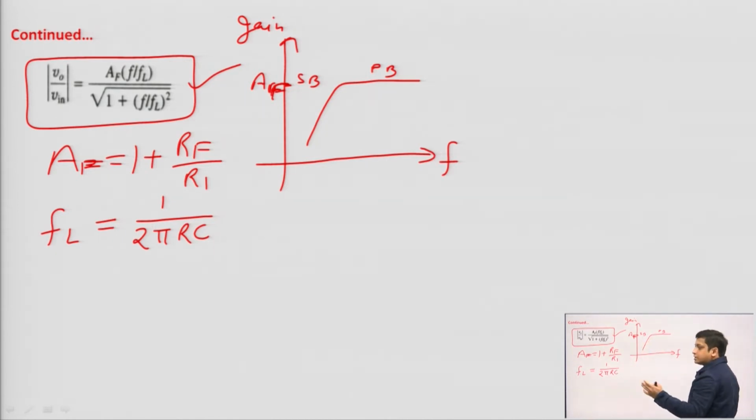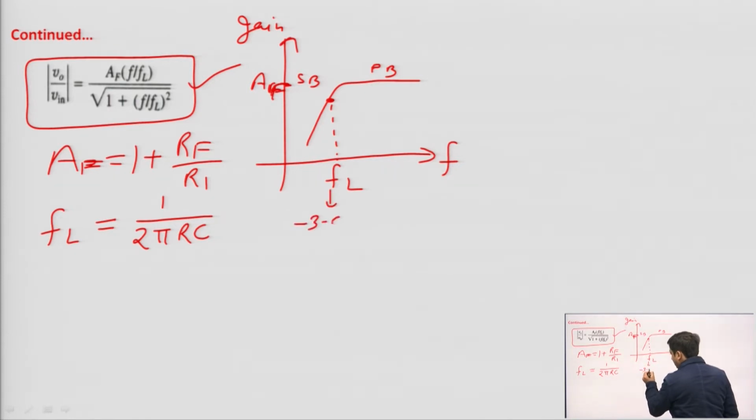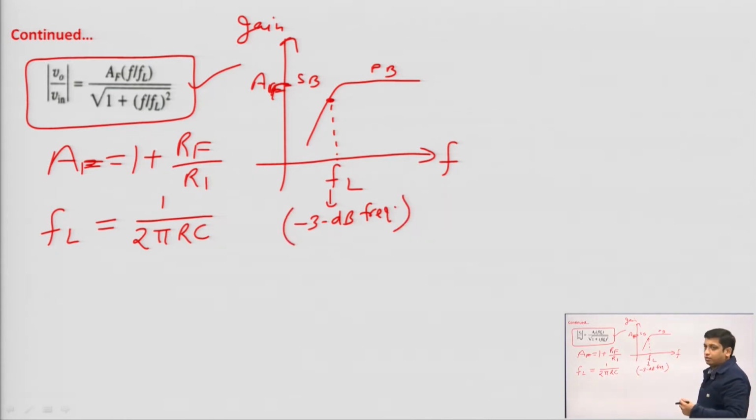So, it means that the signal is being attenuated, and the cutoff frequency is this FL. This FL is the cutoff frequency, that is also called minus 3 dB frequency. It is also called corner frequency, it is also called break frequency, all terms are same.